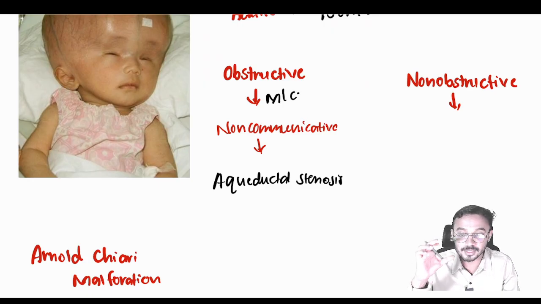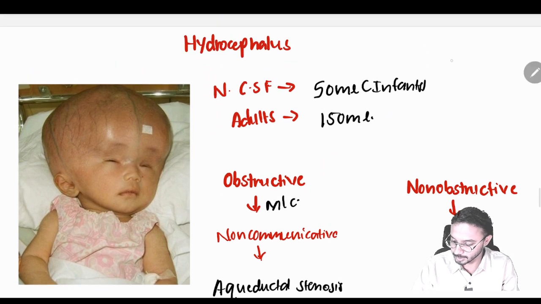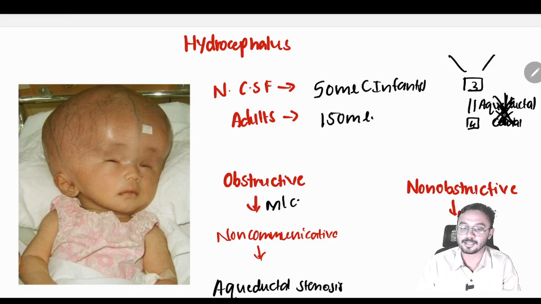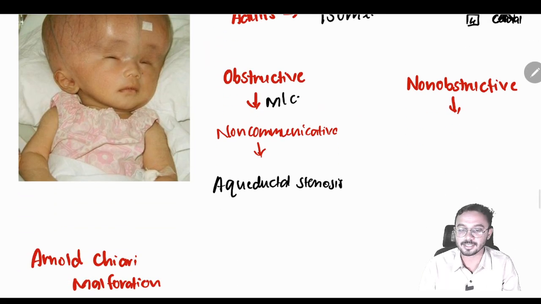Okay, if that gets blocked, suppose imagine this is the lateral ventricle, this is the third ventricle, and this is the fourth ventricle, and here we have the aqueductal canal. If there is a blockage in this, that is known as stenosis. So that leads to obstructive hydrocephalus, and this is the most common hydrocephalus.